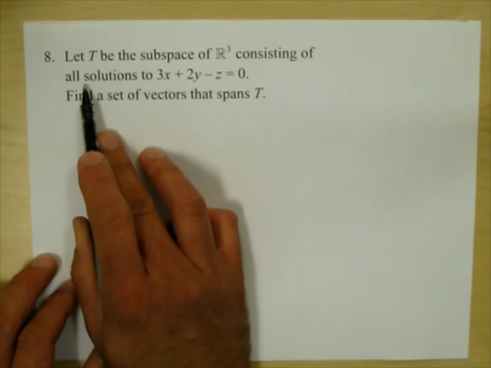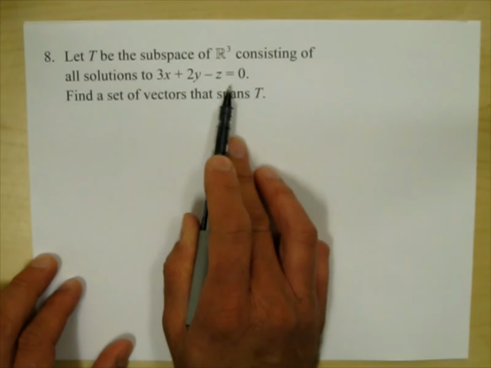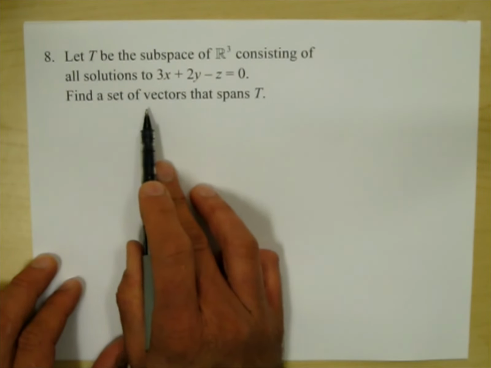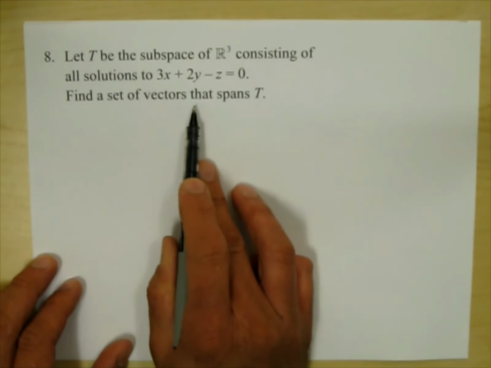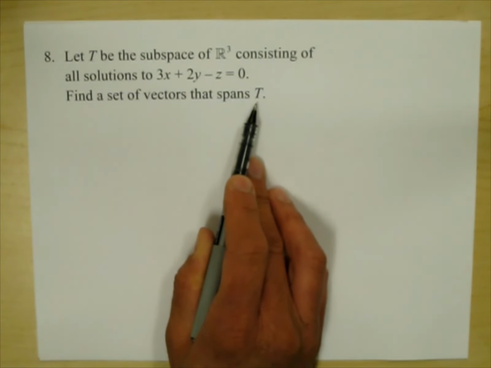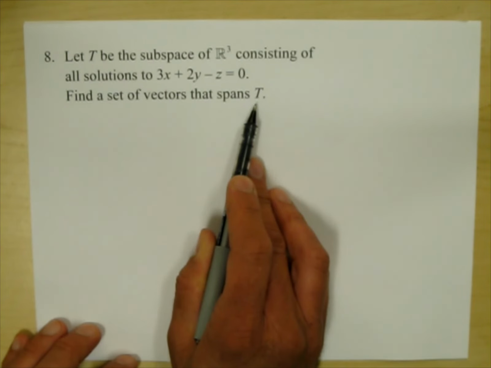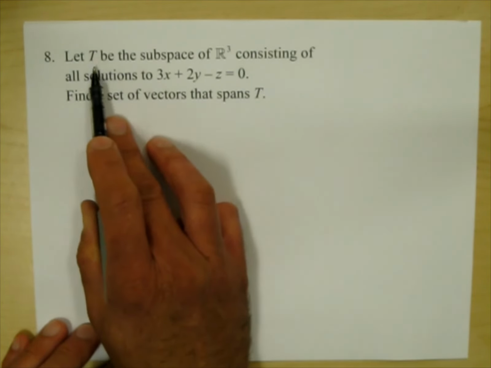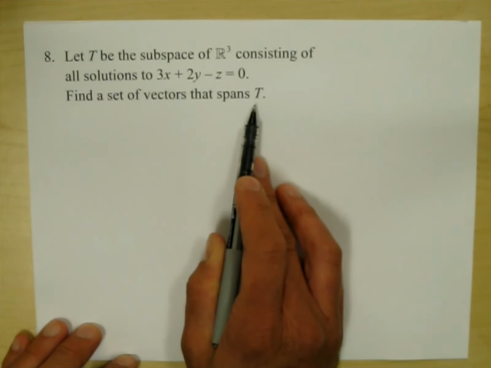Now they're giving you the subspace, which is the span of some seeds, and they're asking you to find the seeds. Find the set of vectors that spans T. Another way they could have said is find the spanning set of T. Okay, so T is the bigger set that has infinitely many vectors, and S is the set of seeds.